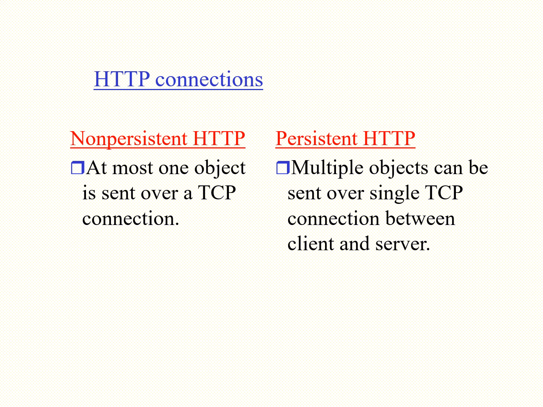In persistent HTTP, we can send multiple objects through a single TCP connection between the client and server. In non-persistent, we can send only one object over a particular connection, but in persistent HTTP, we can send multiple objects.